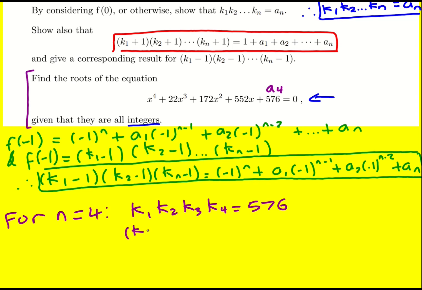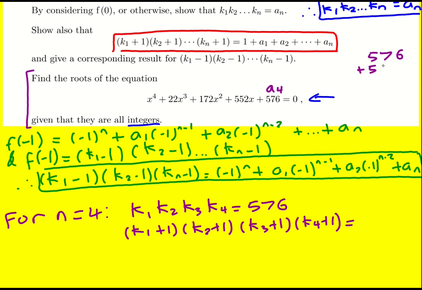Then (k1 plus 1)(k2 plus 1), and so on. That's going to be the sum of all of my coefficients. So let's deal with 576 plus 552. I get 1128.